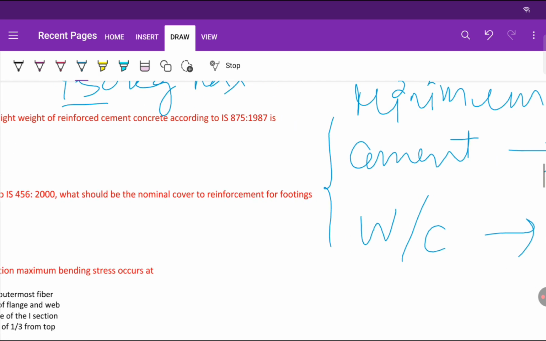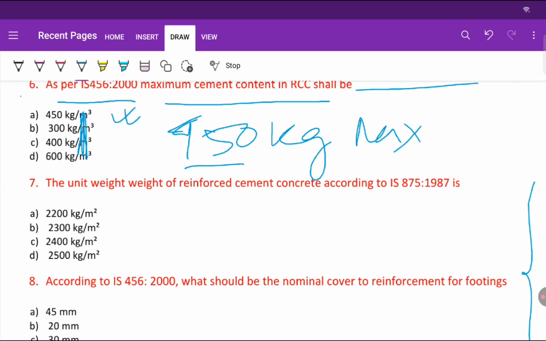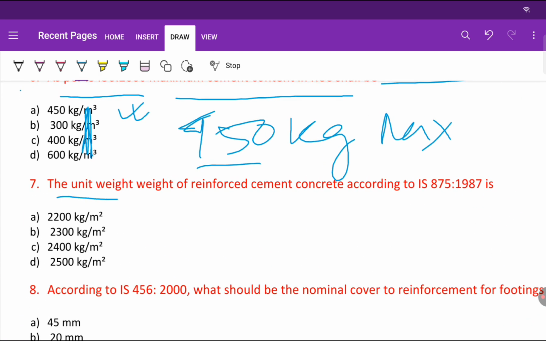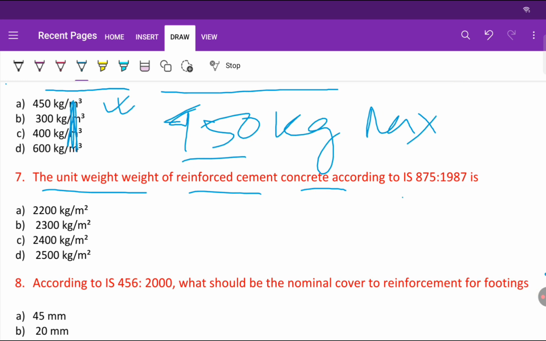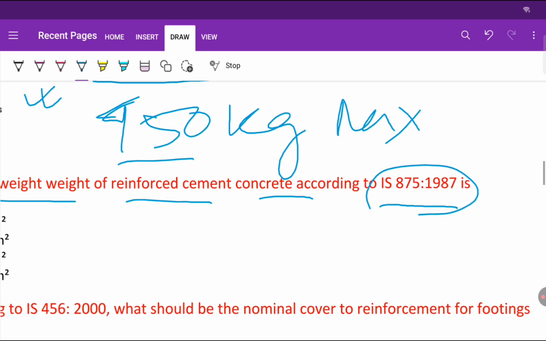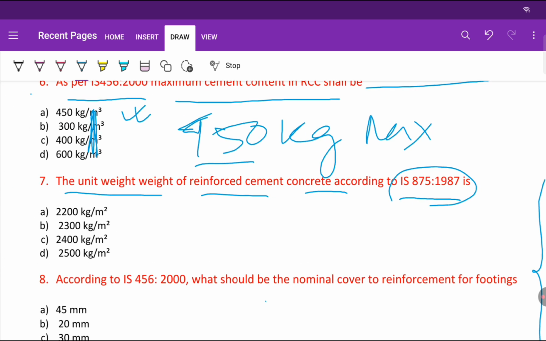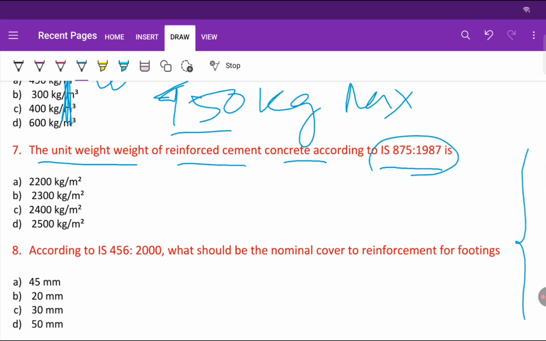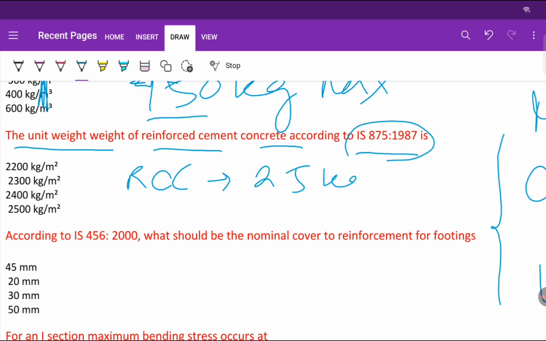Okay, now let's see the next question. The unit weight of reinforced cement concrete according to IS 875 1987. So as per IS 875 1987, what is the RCC unit weight? We know that RCC unit weight is 25 kN per meter cube, right?